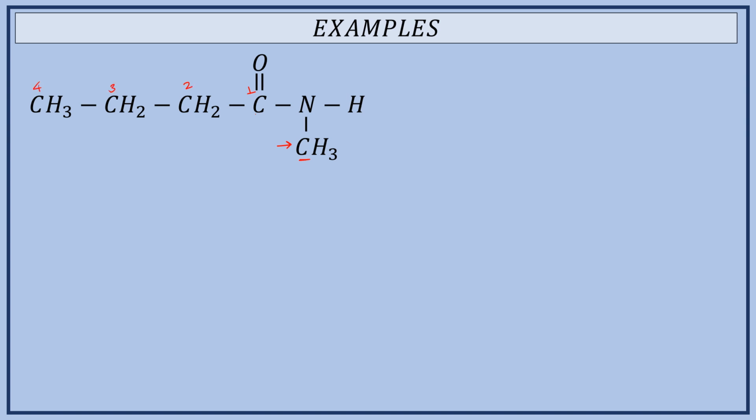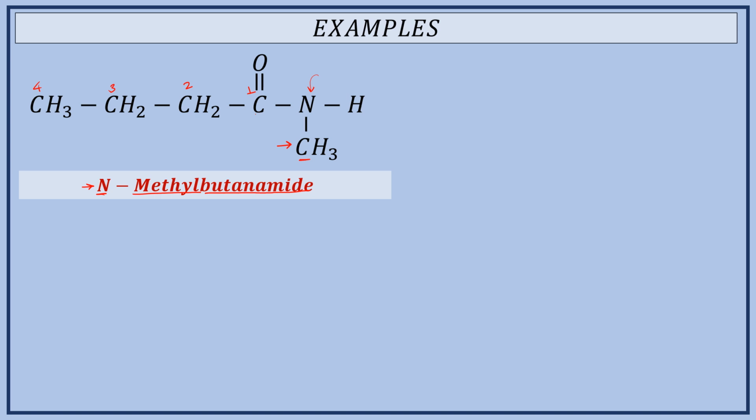So this is again butanamide, and we have a methyl group on the N position of this molecule, attached to the nitrogen atom. So we will write its position as N-methyl, and then the name of the organic molecule as we discussed is butanamide. So the entire name becomes N-methylbutanamide.